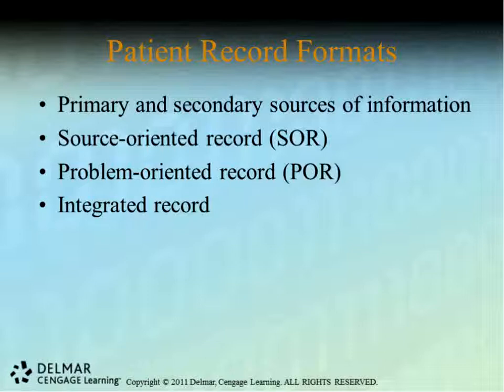For example, nursing notes go into the nursing section of your record. A physician order goes into the physician section of the record. Case management notes go into the case management section of the record. So in a source-oriented record, the documentation is placed in the record according to the source.